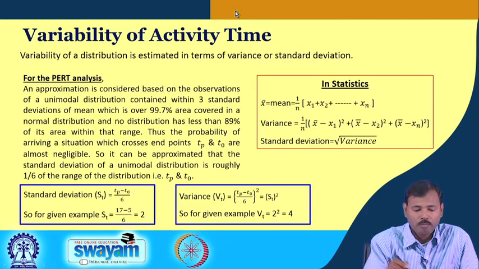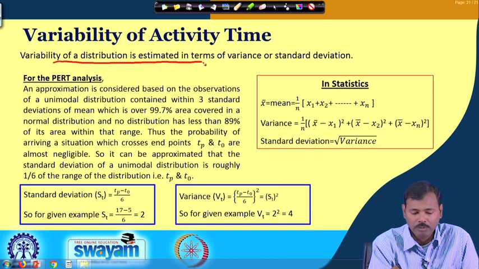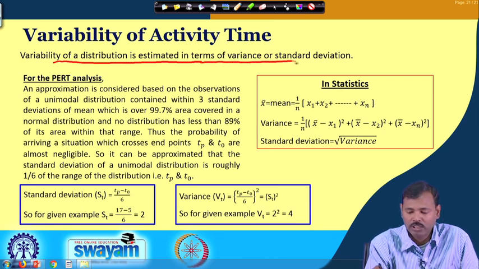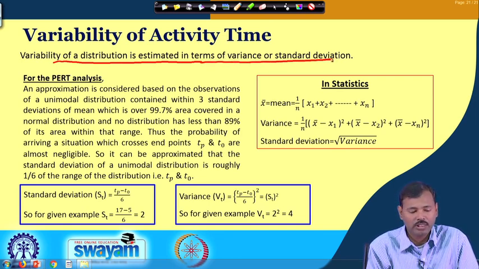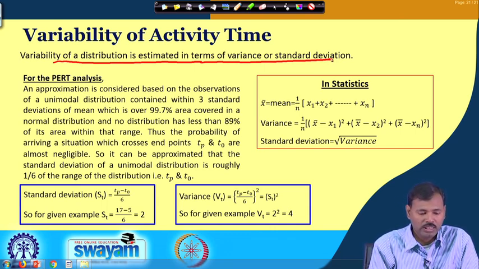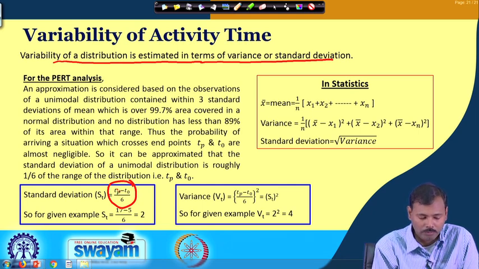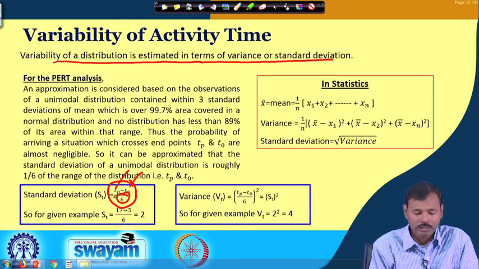So, the variability of a distribution is estimated in terms of variance or standard deviation, and the formula which we use in PERT analysis is that the standard deviation is considered as the difference between the pessimistic time and optimistic time divided by 6.